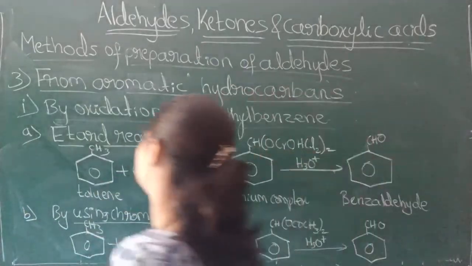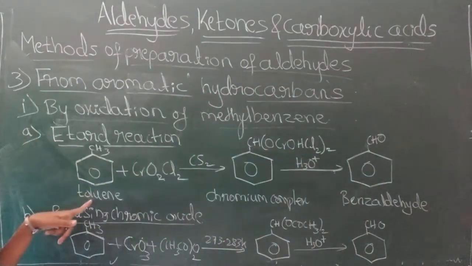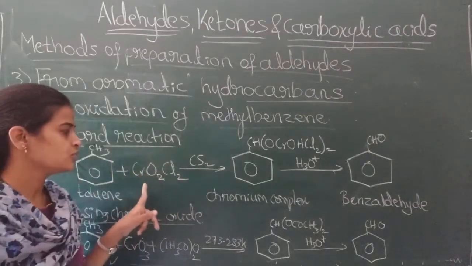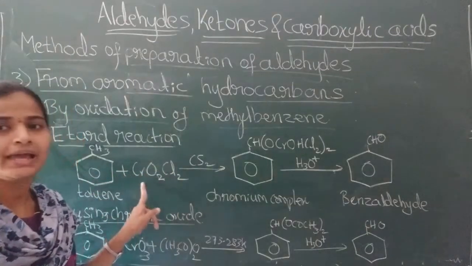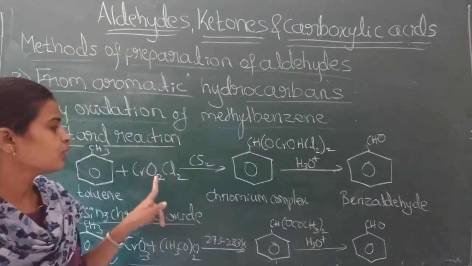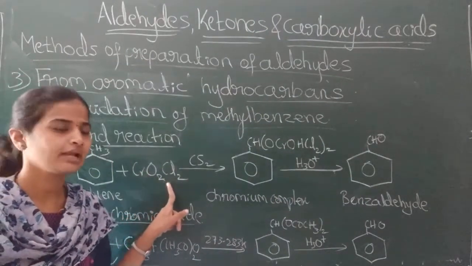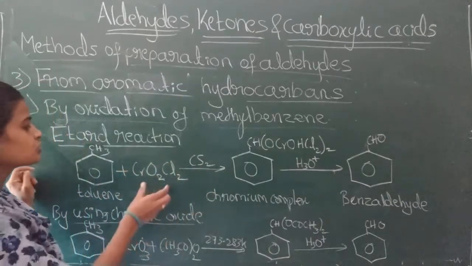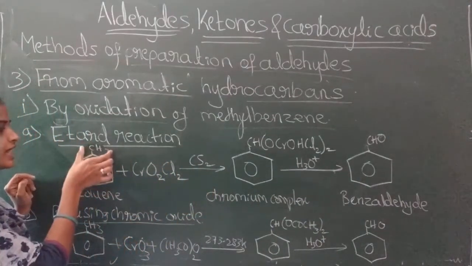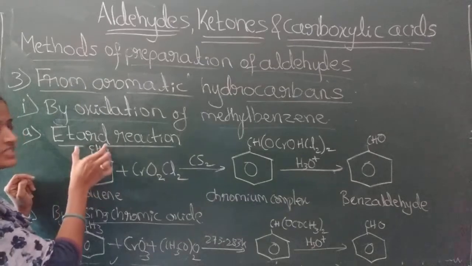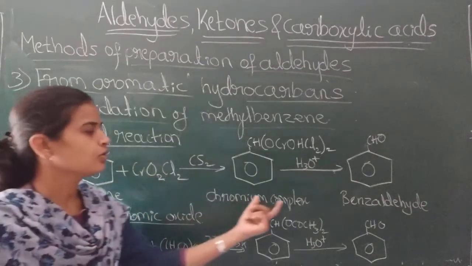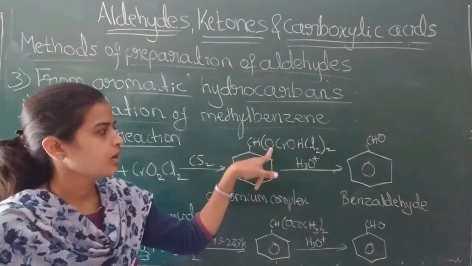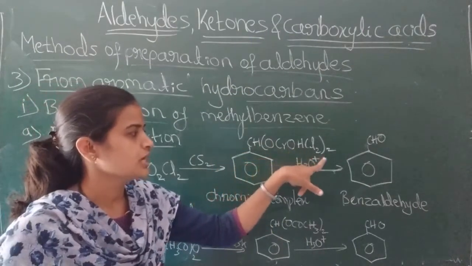Okay. Methyl benzene, which is also called toluene, can be oxidized by using chromyl chloride, CrO2Cl2, in the presence of carbon disulfide. This chromyl chloride will oxidize the methyl group attached to the benzene ring to form a chromium complex, C6H5CH(OCrOHCl2)2.